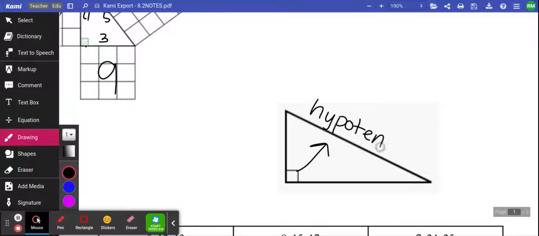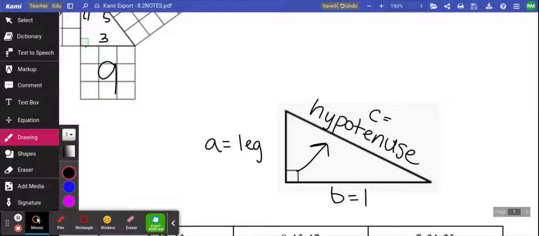And is this your A, B, or C? Your C. This is always your C. Okay, good. And the other sides, you guys know what those are called? I already said it, but legs. It doesn't matter which one you label, but these are your legs.